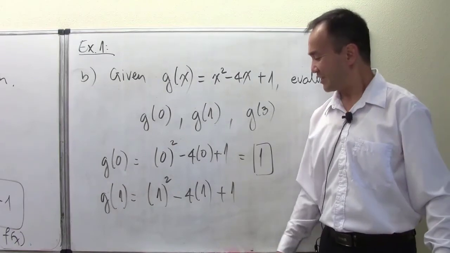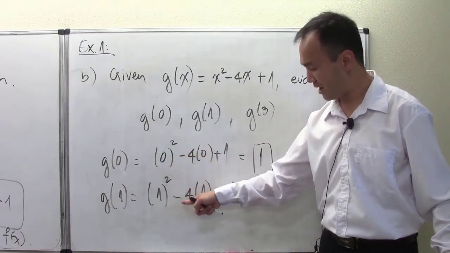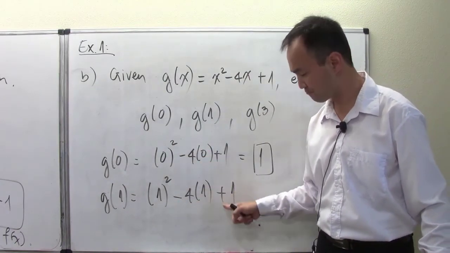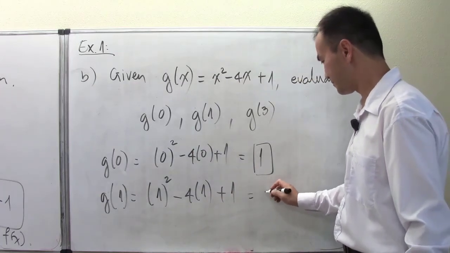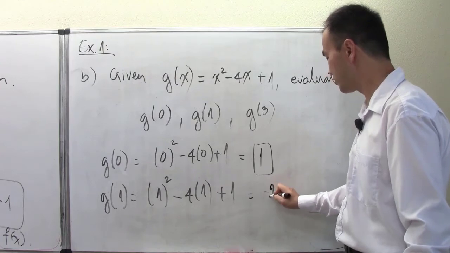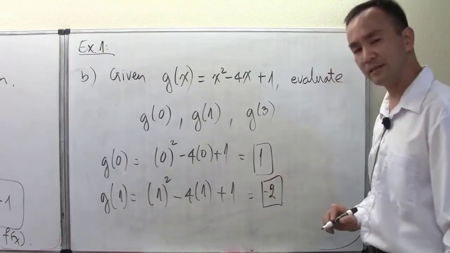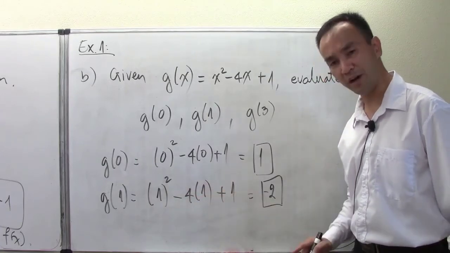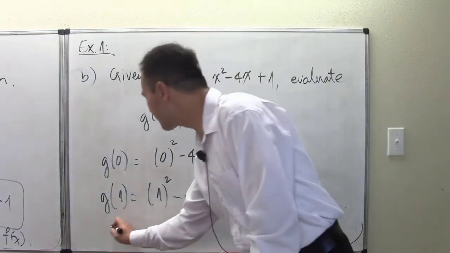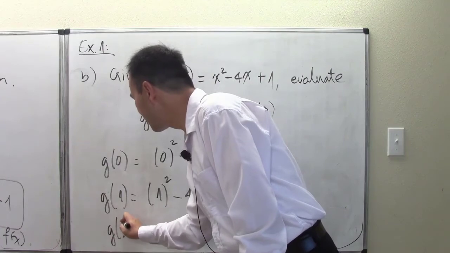So 1 squared minus 4 times 1, the input, plus 1. That gives me minus 2. And then g of 3.